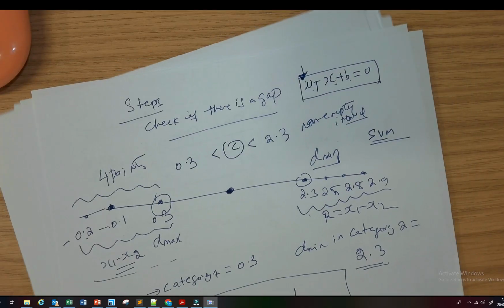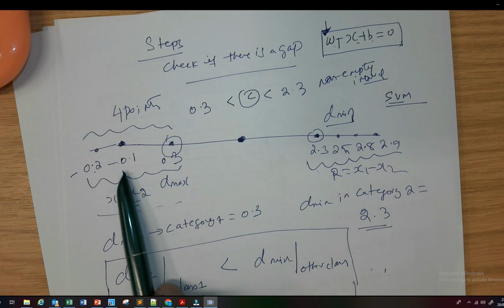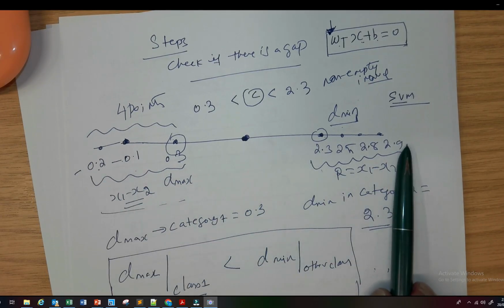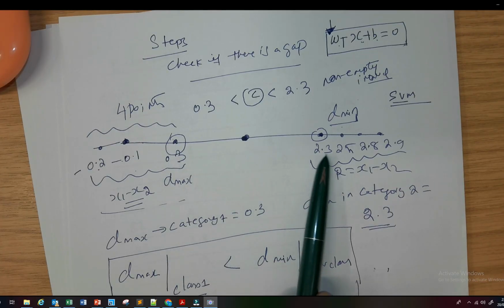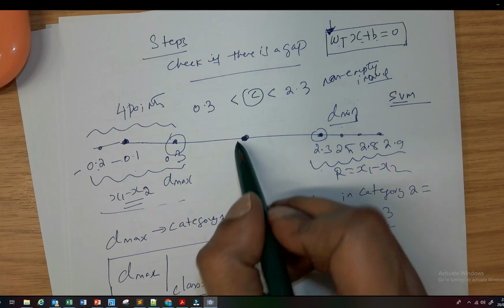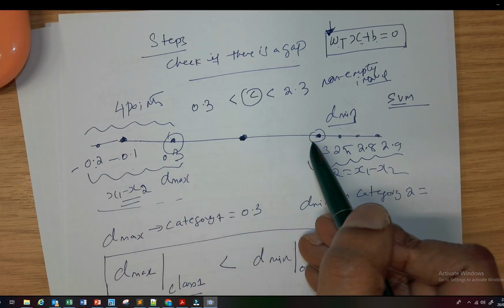So we did some feature inspection, length minus width. For the moment it looks like we converted the two-dimensional problem into a one-dimensional problem, and then we find the D max in category 1 and D minimum in category 2. So now take this midpoint. Let's assume this is the hyperplane for this type of data.